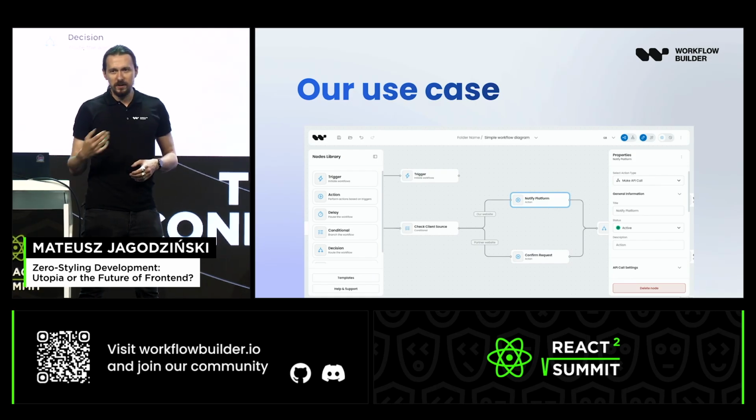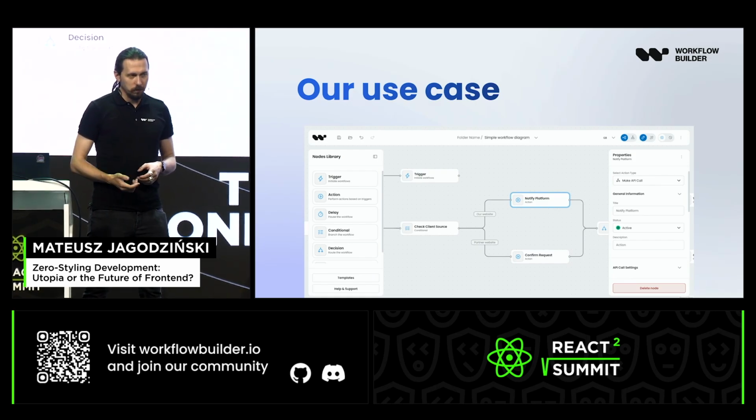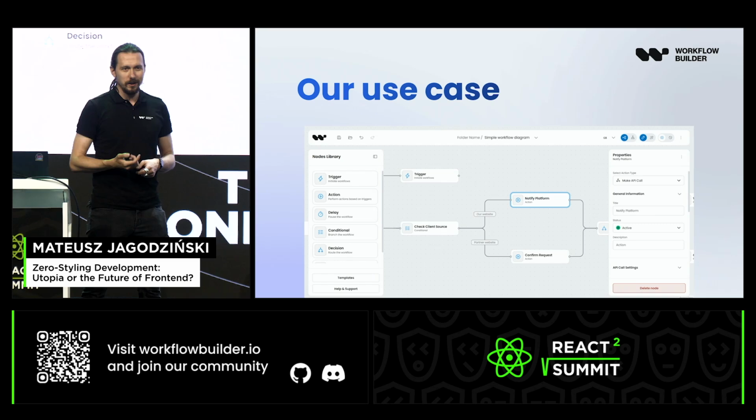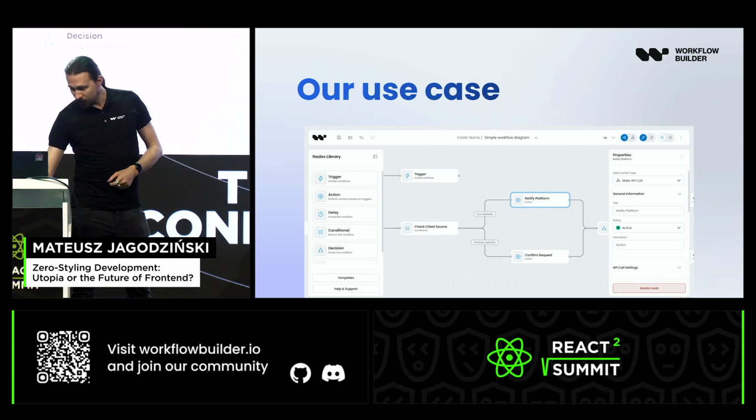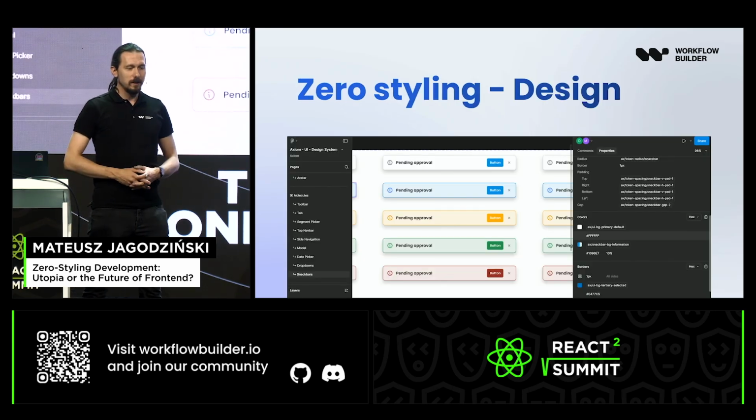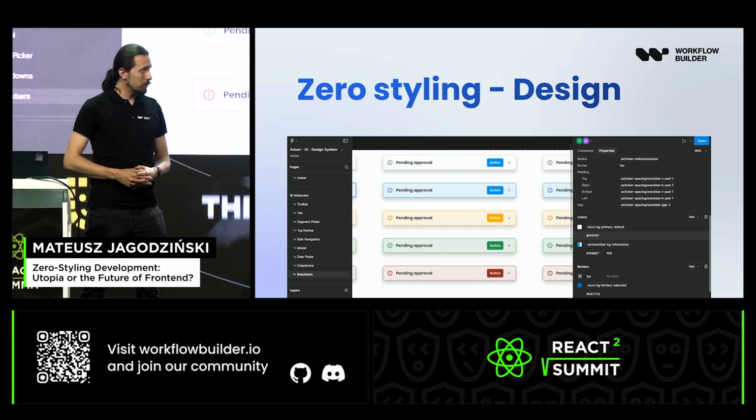So when we designed Workflow Builder and our underlying component library Overflow, on top of which it is built, we decided to take this zero styling approach and tackle some of these problems. So let me talk to you about what this approach is.